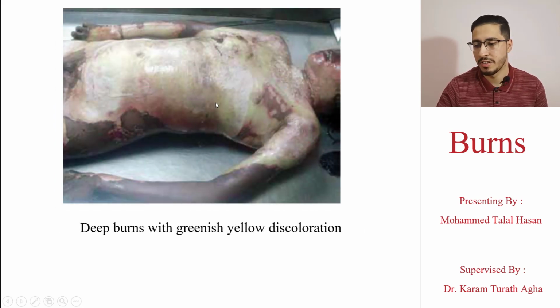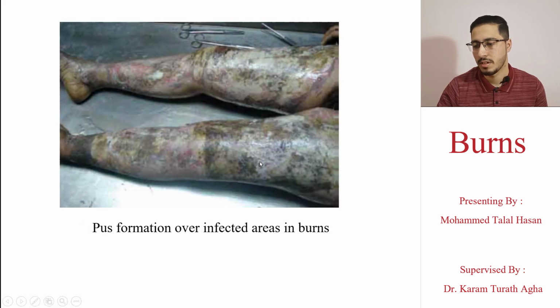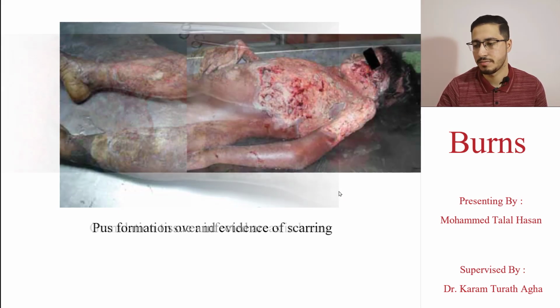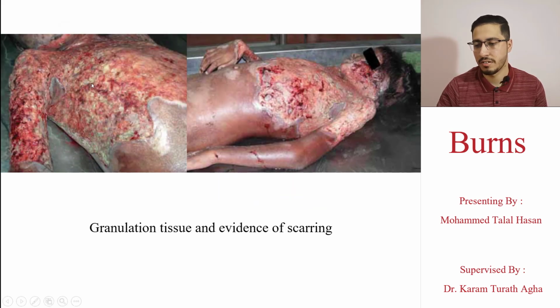Here we can see the deep burns with the greenish discoloration here and the yellowish discoloration. We can see the pus formation over the infected area in burns. Here we can see the granulation tissue and the evidence of scarring here.